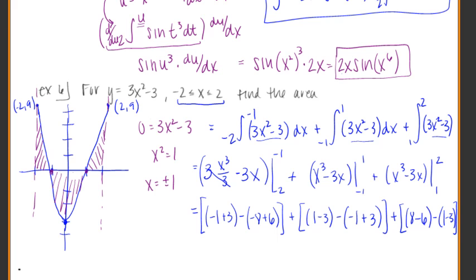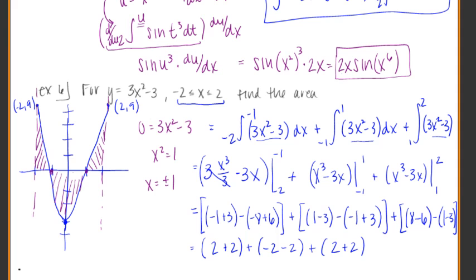Cleaning this up, in the first parentheses we get 2 plus 2. In the next one we get negative 2, minus 2, and in the third one we get 2 plus 2.